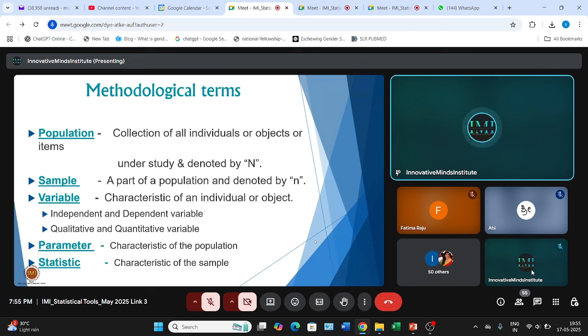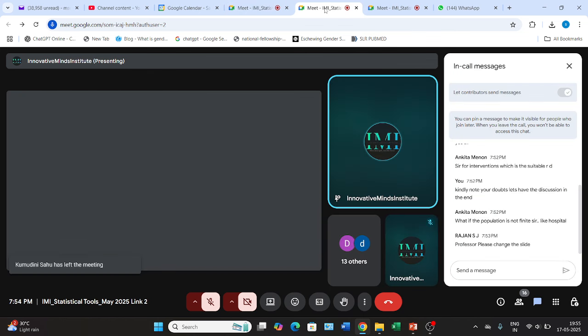So what are the types of variable? Independent variable, dependent variable. To understand the statistical test selection, you should know these two types of variables, right? So let's go ahead. Independent variable depends on nothing, right? It doesn't depend on anything.